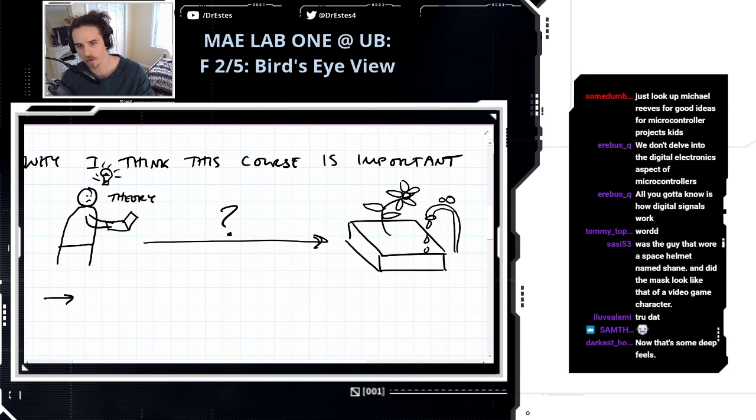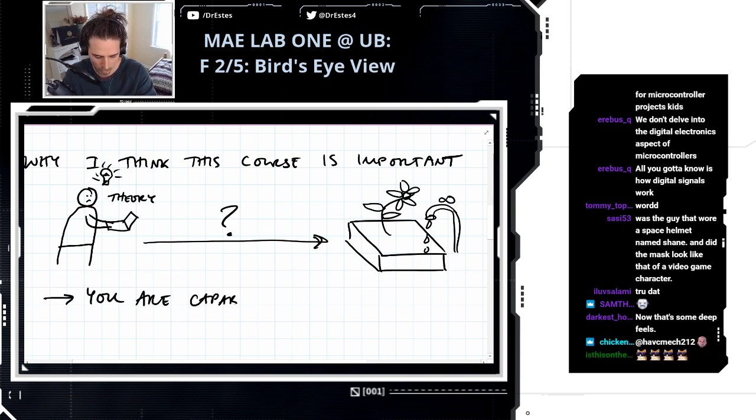Some of you have already started playing with Workshop 1, but I think as you go through this course, this is why I think this course is important. I hope that you discover, and I think you will, that you are capable of taking on projects. You're capable.